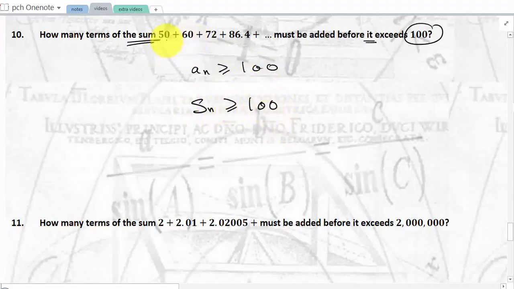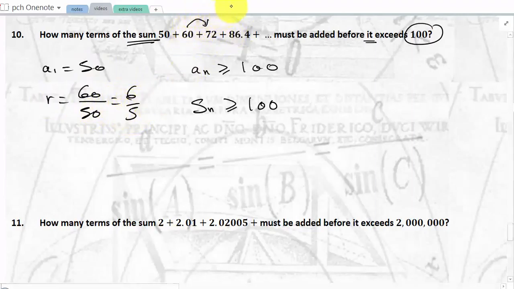Okay? So this is a geometric sequence. The first term is 50, and the ratio is 60 over 50, which is 6/5. Okay, so if you multiply 60 by 6/5, you would find 72, and if you multiply 72 by 6/5, you would find 86.4.